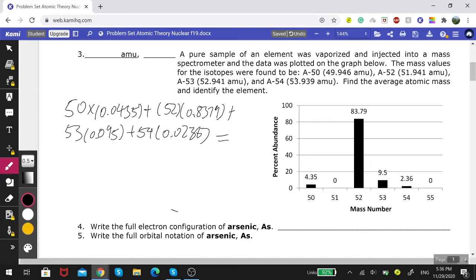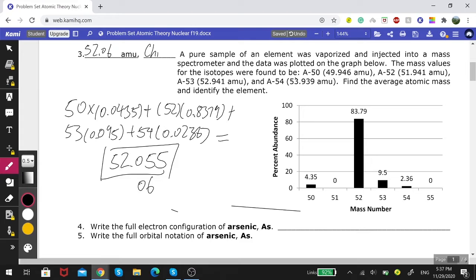That gives us 52.055. For average atomic mass, we would round to 2 digits after the decimal point, so 52.06. If we look on the periodic table for 52.06, we can see that chromium is 51.99, which is very close to 52.06. So we can tell that this is chromium.